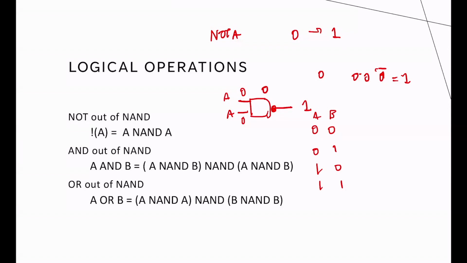Or you can write it in Boolean algebra format. A NAND B means like this, and then you NAND with the A NAND B.